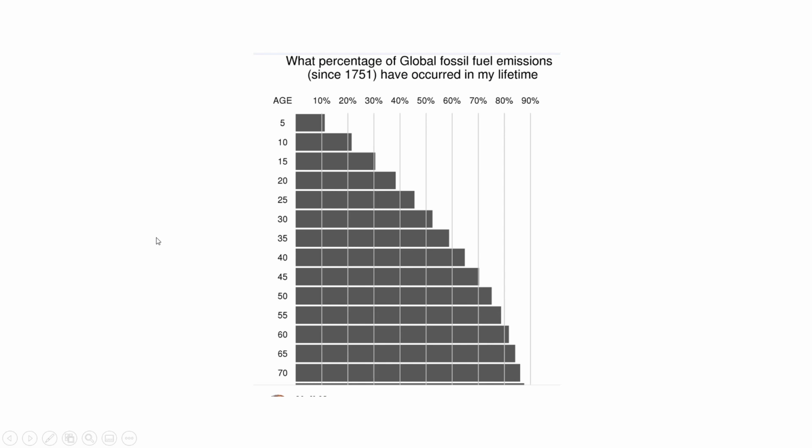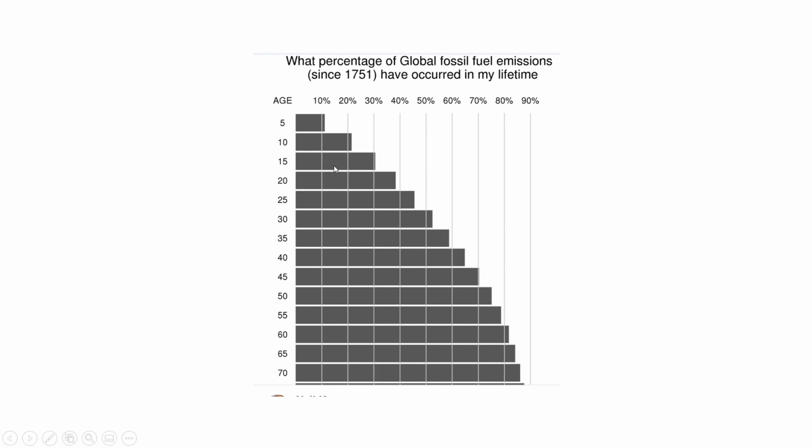So here are the emissions that have occurred since 1751. What percentage of global fossil fuel emissions have occurred in your lifetime? Well, if you're 5, only a little over 10% of the world's emissions. For you guys, you're about 15 to 20.